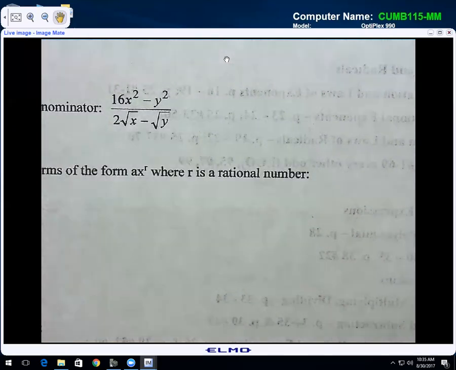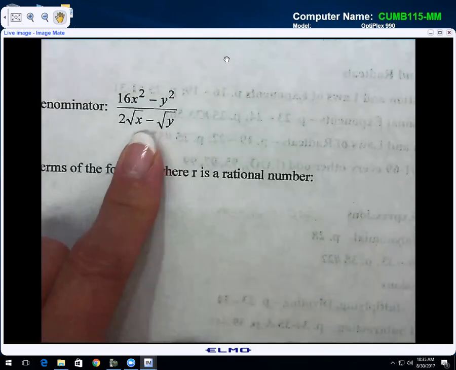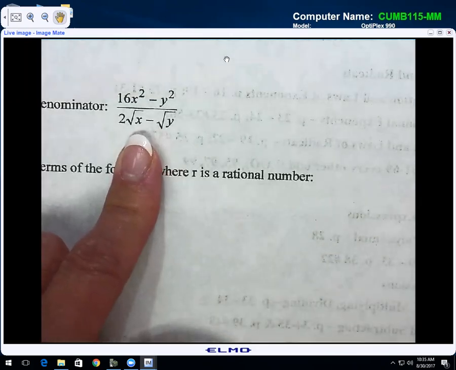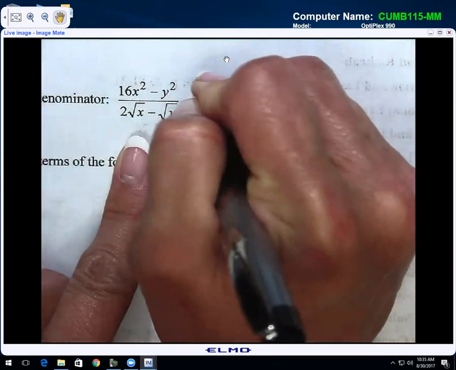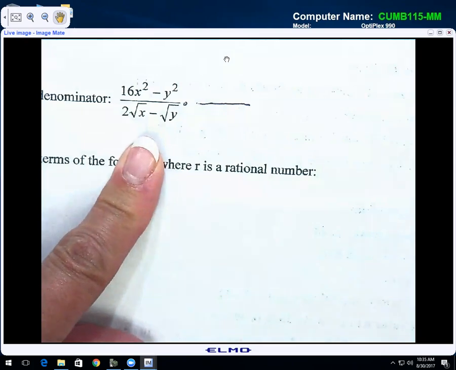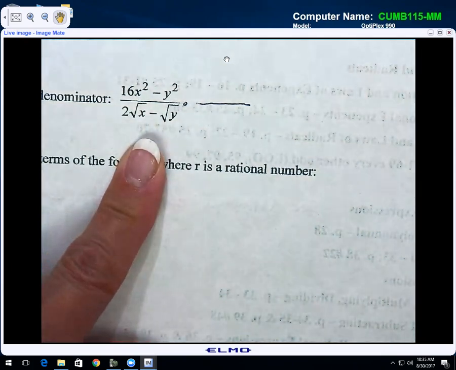So here's that sentence again. To rationalize the denominator of a radical rational expression, multiply both the numerator and the denominator by the conjugate of the denominator. So what's the conjugate of that denominator?